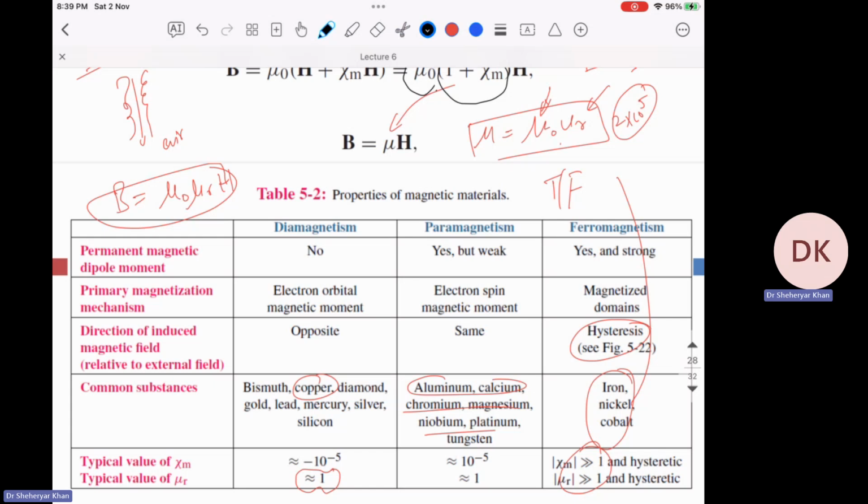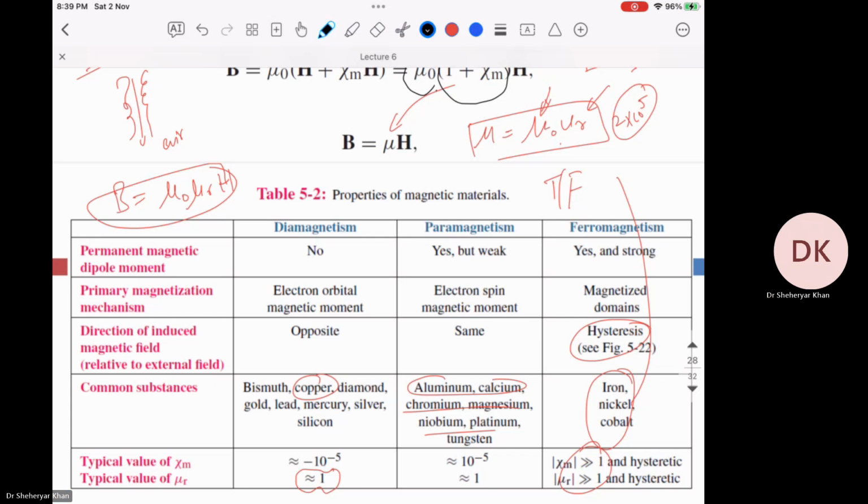We have I squared R losses that are less. So per length of conductor, I squared R is the loss that it produces. If you have a good conductor, you get less and less I squared R loss. Now, why do we use iron?